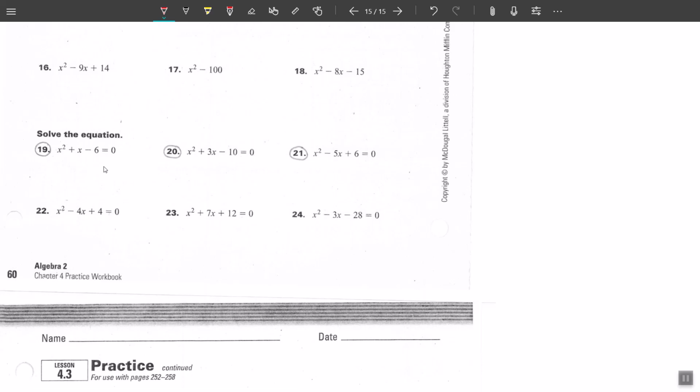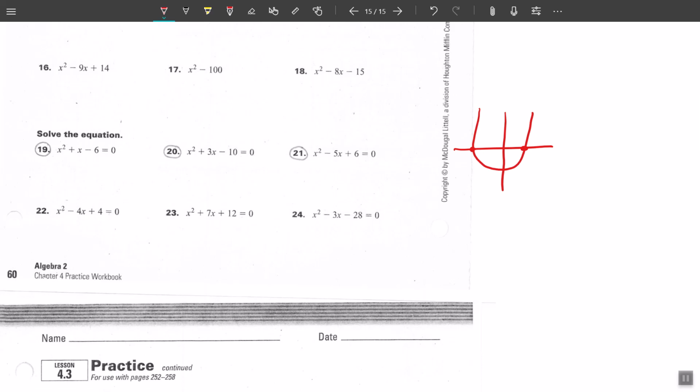So remember, if you graph a quadratic equation, where that quadratic equation crosses the x-axis, those are your solutions. All right, so right here would be a solution on this picture and on the other side. So wherever it hits the x-axis, that's what you're looking for.